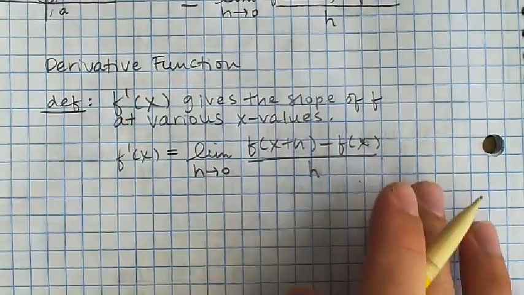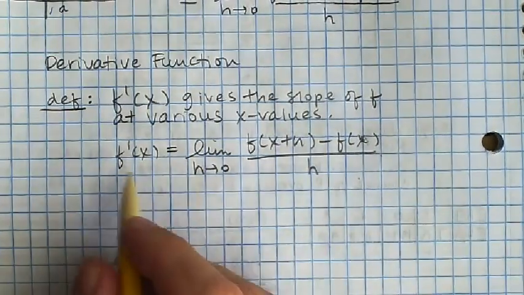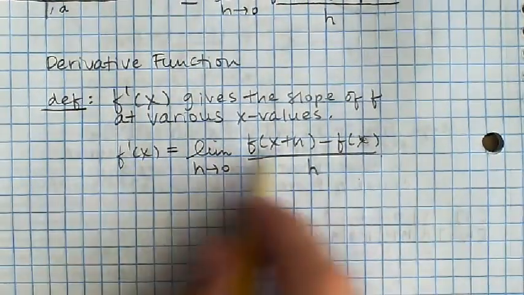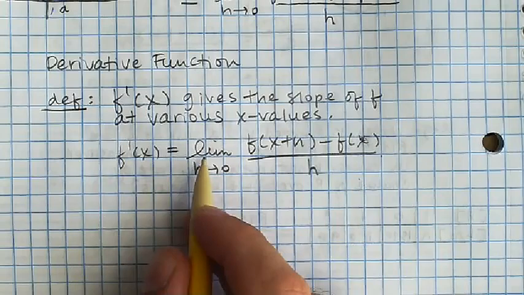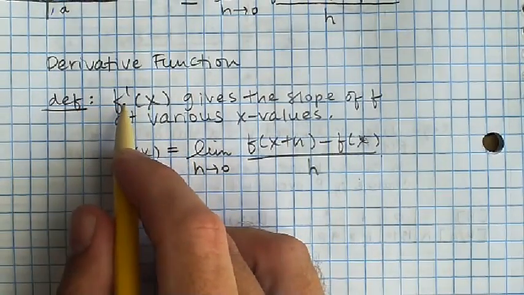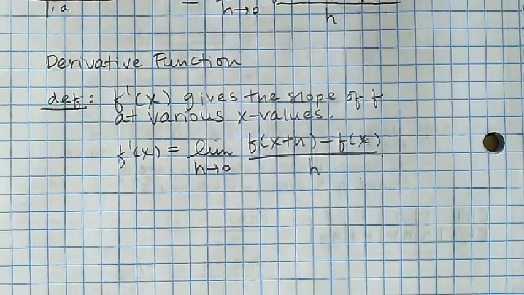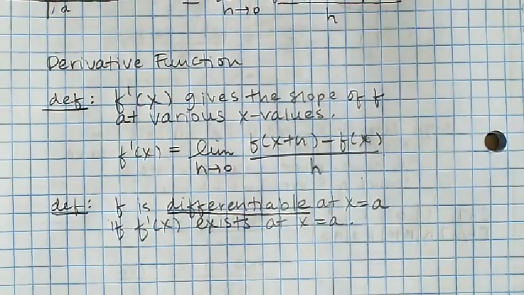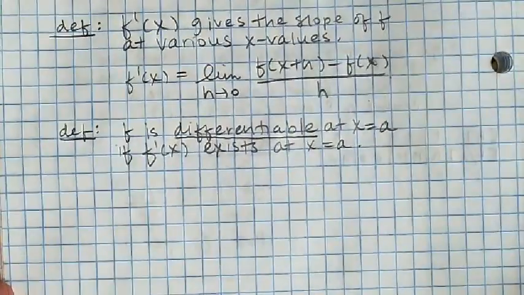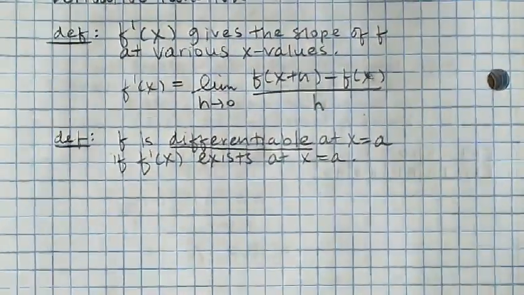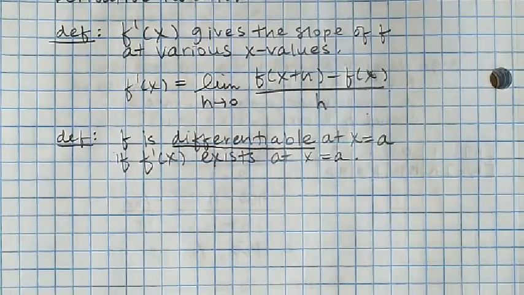Now, we will say that, for each x value that this limit exists, function f is differentiable. So I'm going to write that out real quick. When we say differentiable, we mean that the derivative exists. So we say f is differentiable at a point x equals a if f prime of x exists at x equals a.